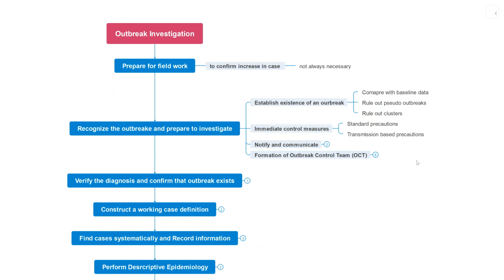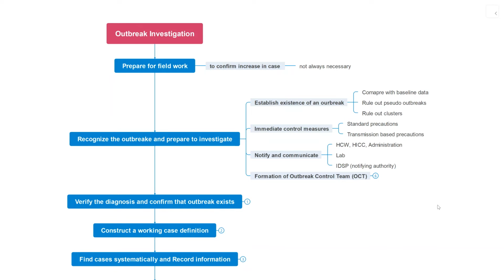Then notify and communicate mainly to all the healthcare workers involved in your infection control committee, hospital administration, as well as the laboratory and IDSP, especially if you are in India, which is the notifying authority. If you are outside India, you should notify whatever notifying authority exists in that country.